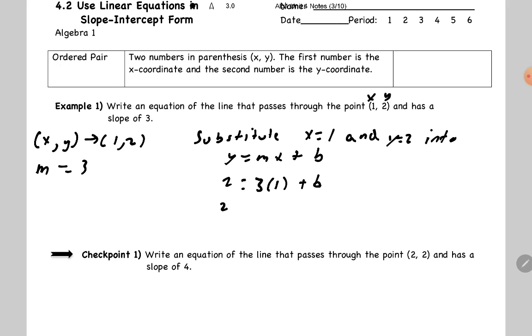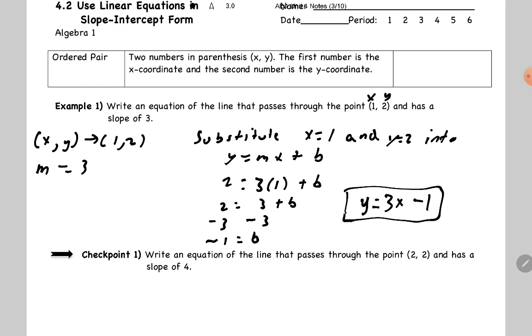Okay, so 2 equals 3 plus b. To get b by itself, I'm going to subtract this 3 over to get negative 1 equals b. So now that I know what b is, I can write my equation. Y equals 3x minus 1. And there we go.